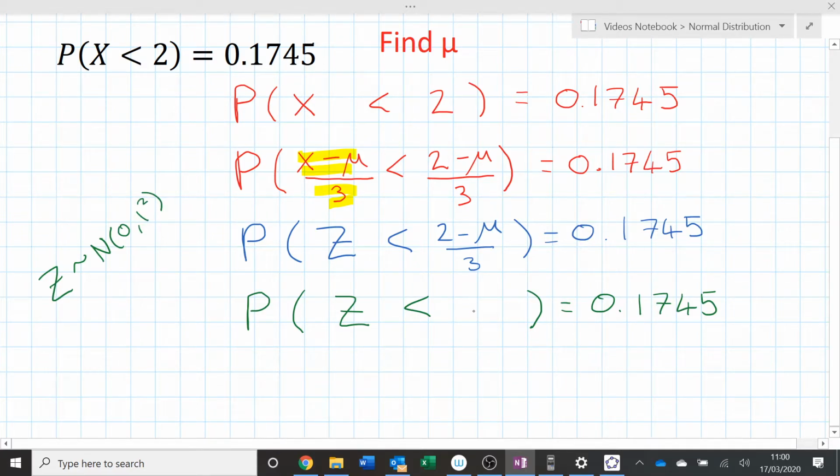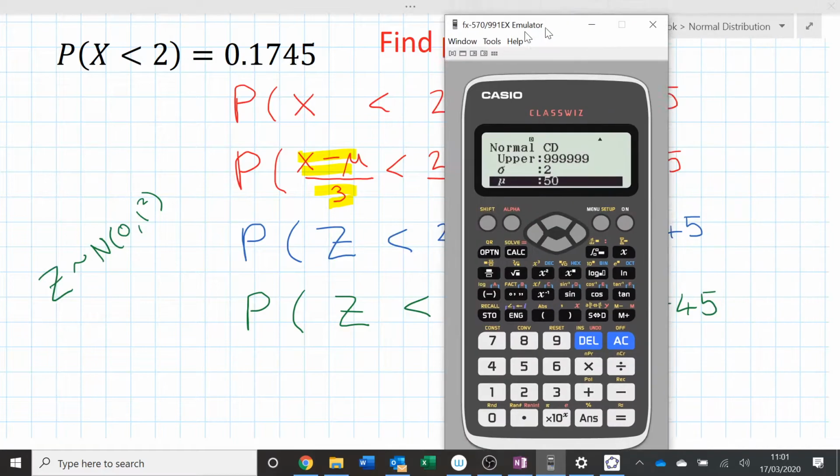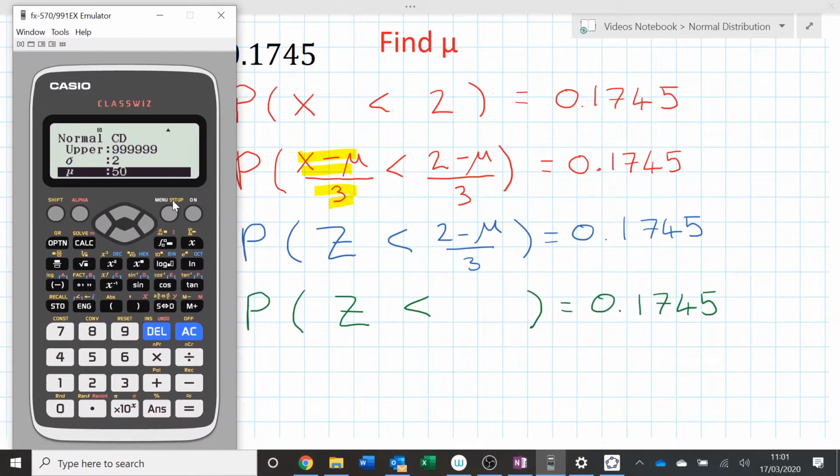So this value here I can find using the inverse normal, because I now have it in terms of a distribution which I know, whereas before I didn't. So I can use the inverse normal as such. I go to the inverse normal distribution. The area I want is 0.1745.